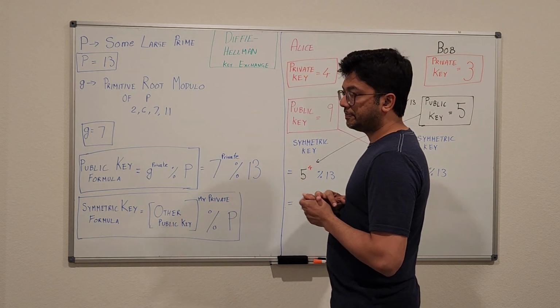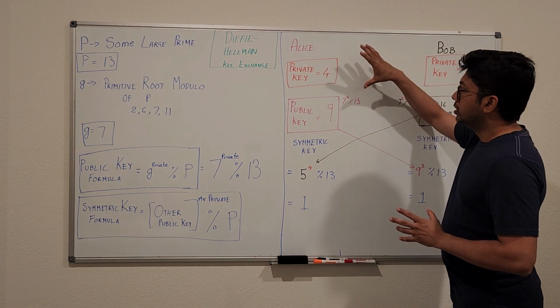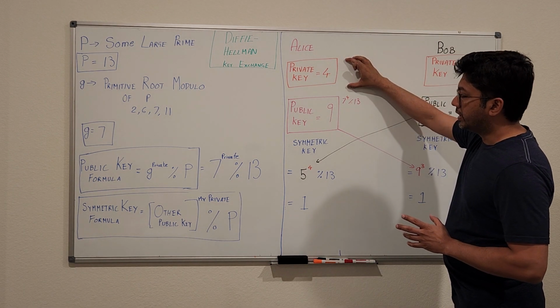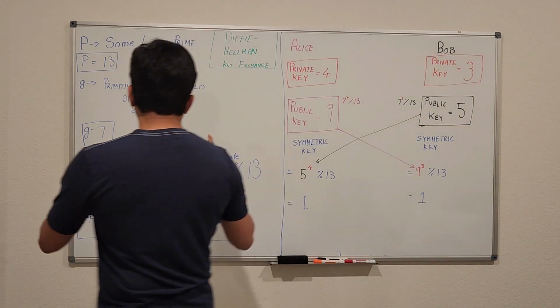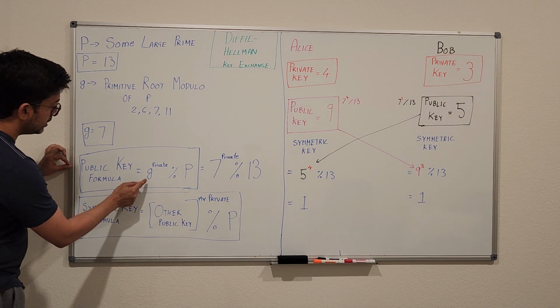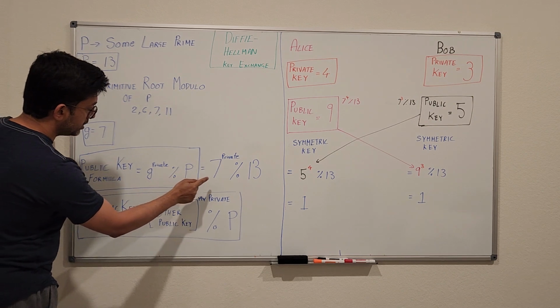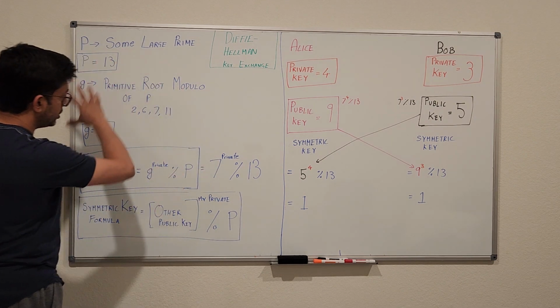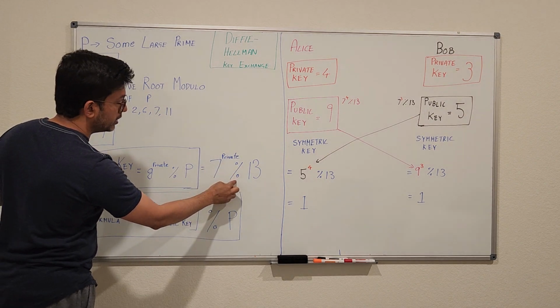Then let's come to you and your friend. You have a private key, and you use this formula to generate a public key. The way you generate a public key is G raised to your private key modulo P, which based on the numbers we chose is 7 raised to your private key modulo 13.